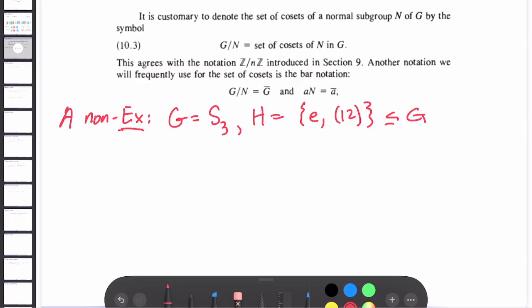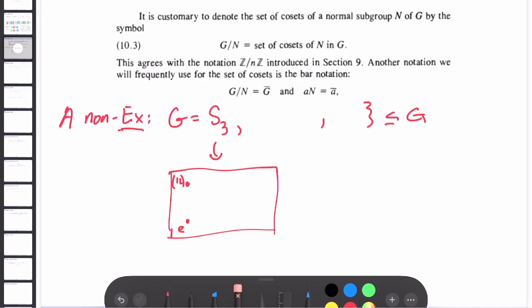So let's try to draw a similar picture. The nice thing about S3 is that it's small. So we might have the identity and (1 2), and maybe I should have kept my coloring scheme.